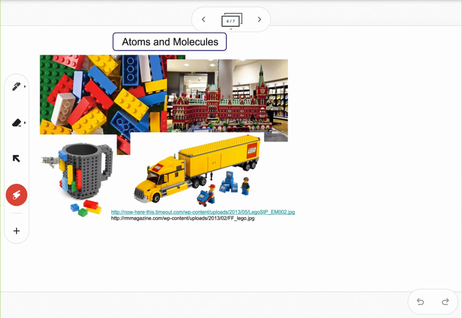As you can sense now, chemistry is like playing Lego. If you have ever played with Lego, you know these are the basic construction units. If you connect them differently, even if you are using the same units, you can get different things like a castle, coffee cups, or trucks.